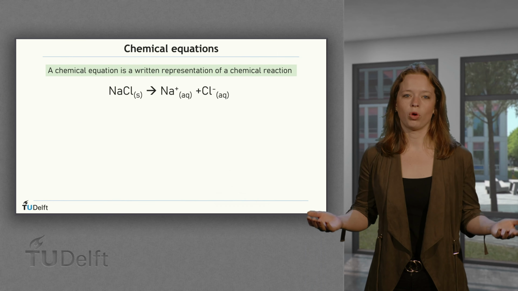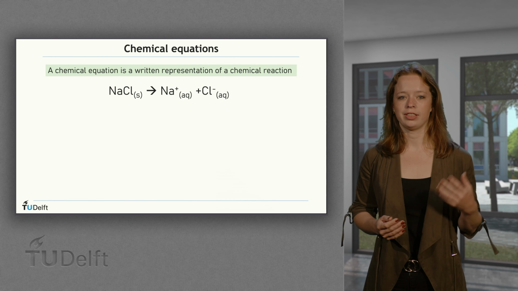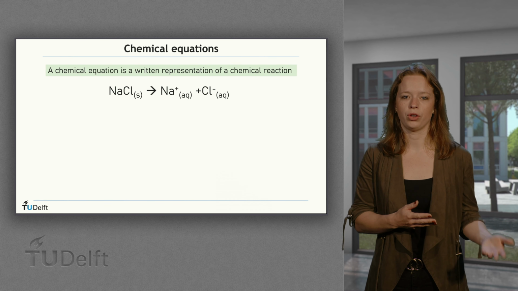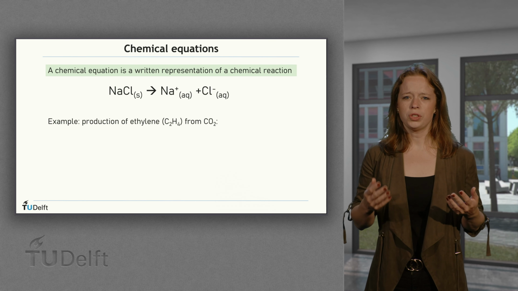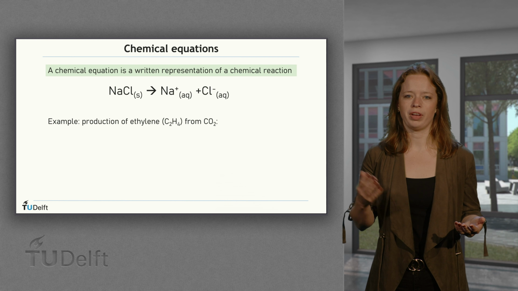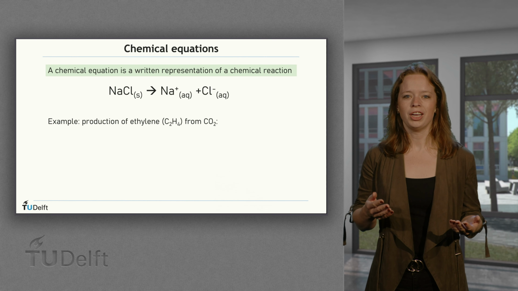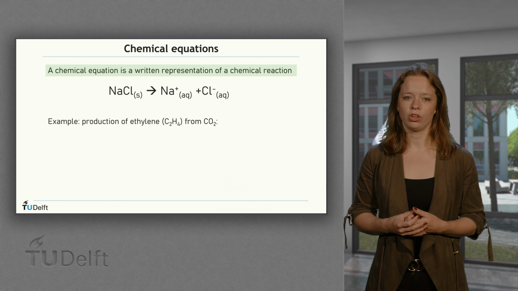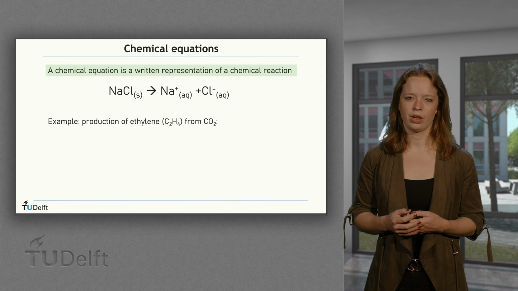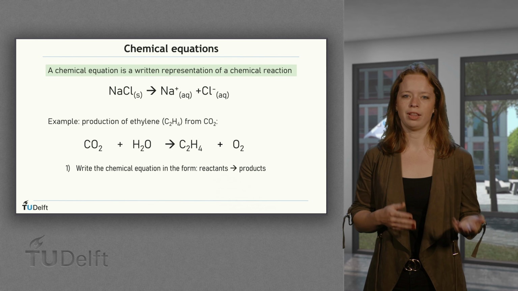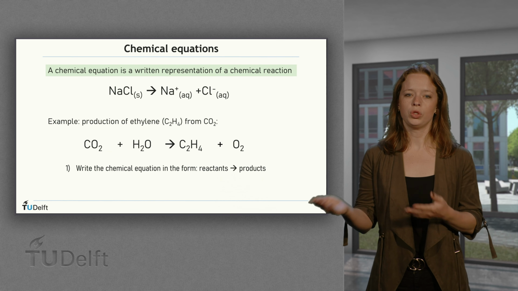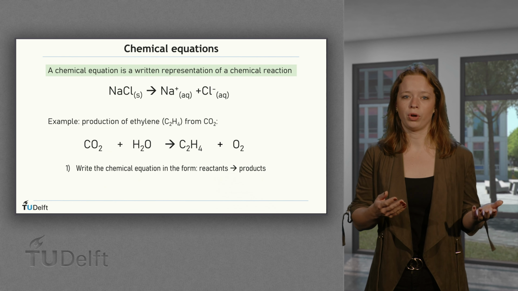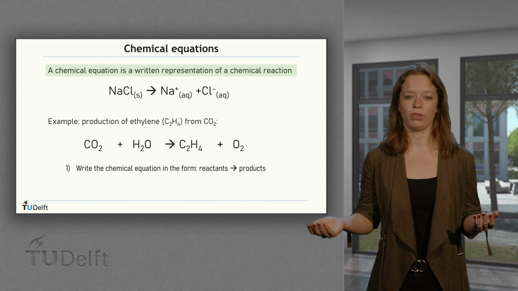Just like any chemical process, we can represent the process that we just described, the dissolution of sodium chloride in water, by a chemical equation. Let's use the chemical equation of the production of ethylene from carbon dioxide to show how to write and balance such a chemical equation. First, we write the equation in this form, with reactants, in this case carbon dioxide and water, to the left of the arrow, and the formed products, ethylene and oxygen, to the right.